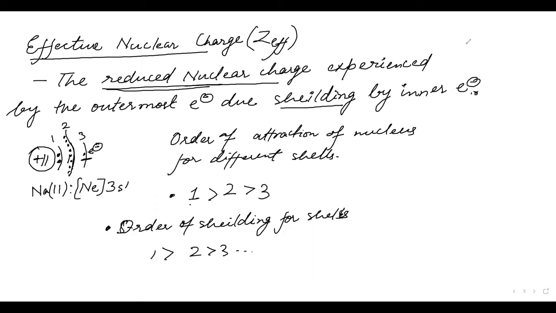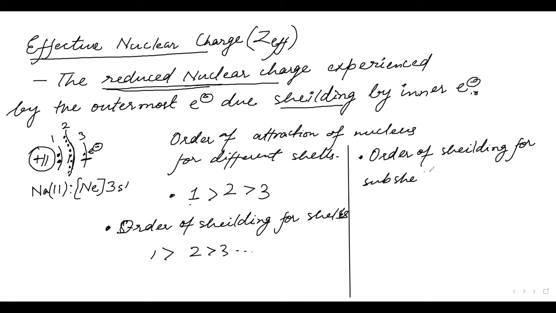Other than shells, we also have subshells. I guess I have discussed with you the idea of diffusion. Order of shielding for subshells: s will shield the most, then p, then d, then f.